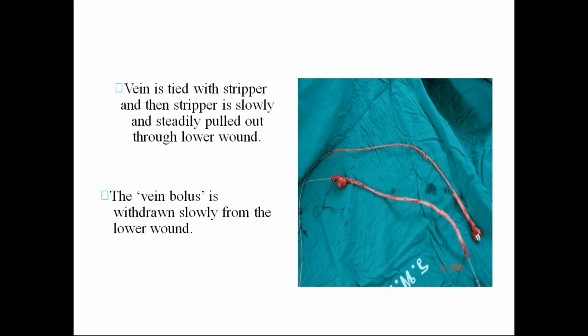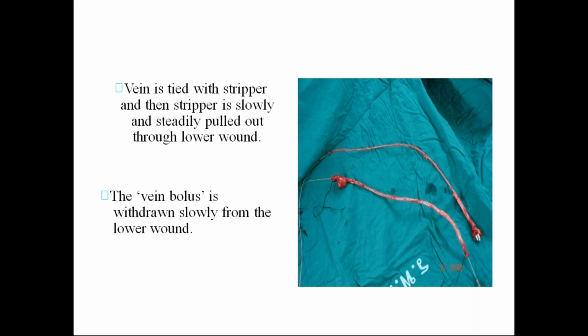This is the diagram showing the stripper along with the everted and avulsed great saphenous vein. The vein is tied with the stripper and the stripper is slowly and steadily pulled out through the lower vein. One thing you should keep in mind is that during stripping of the vein, one assistant should keep constant pressure over the course of the great saphenous vein in order to prevent hematoma.